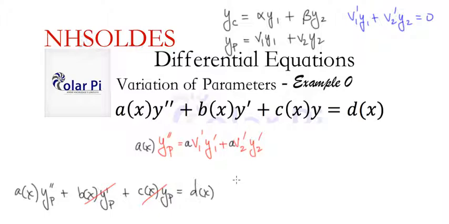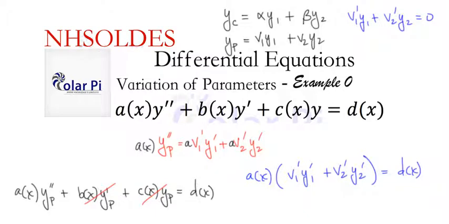So that's to say we have a of x times, and that's the a of x I'm factoring out, and then we have v1 prime y1 prime plus v2 prime y2 prime. We have that this equals d of x.